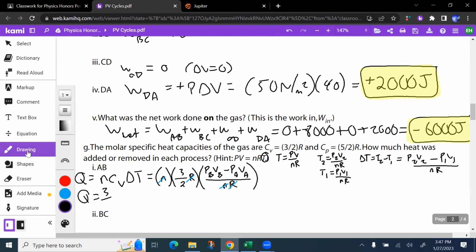is equal to 3/2. Notice the volume didn't change. So it's 3/2 times a change in pressure times volume. How did the pressure change? Well, the pressure changed from 50 to 200, so the actual pressure change is 150.